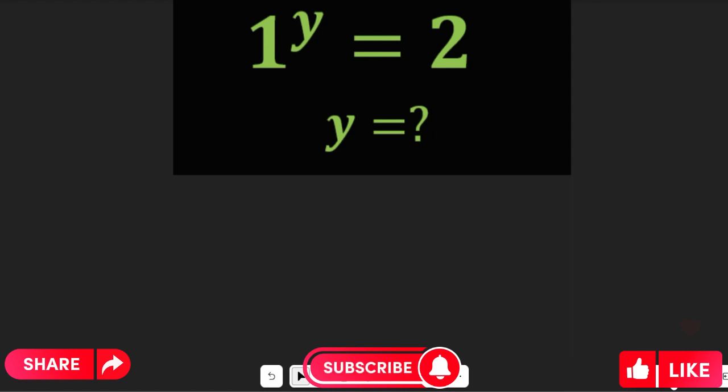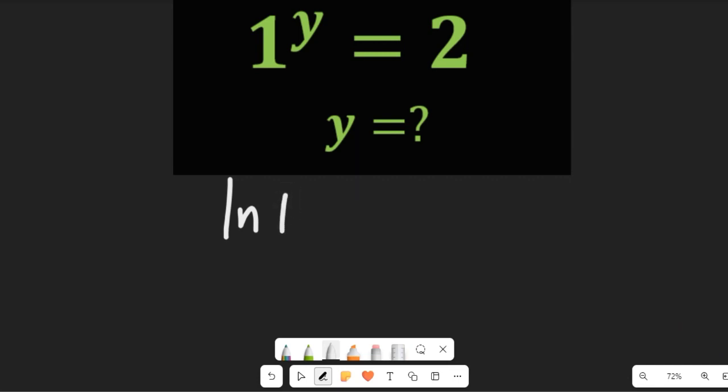Let's find out. If we take the natural log of both sides, that expression is going to give us the natural log of 1 to the power of y, right? And this will be equal to the natural log of 2.